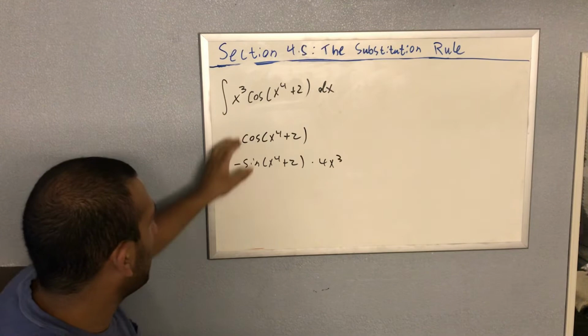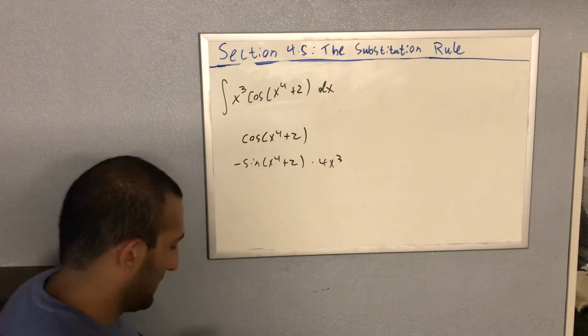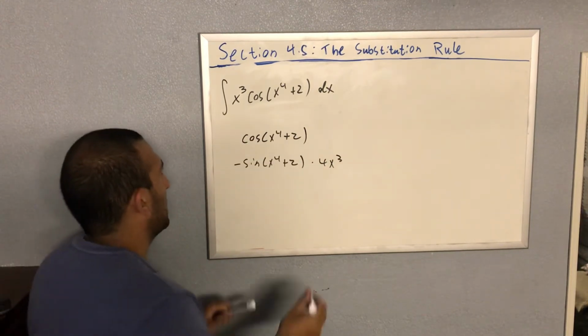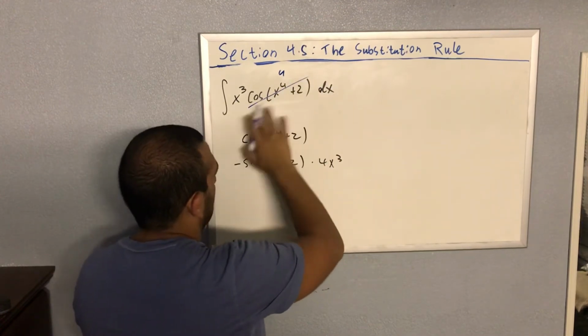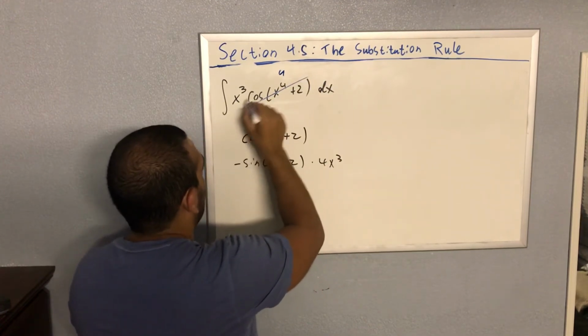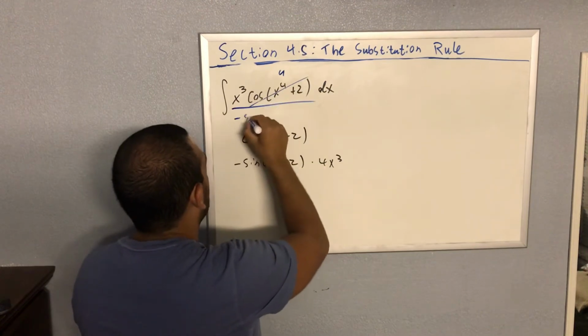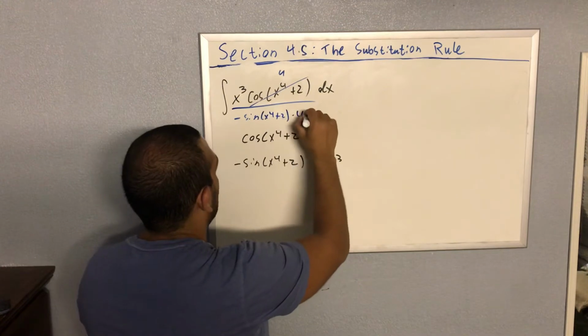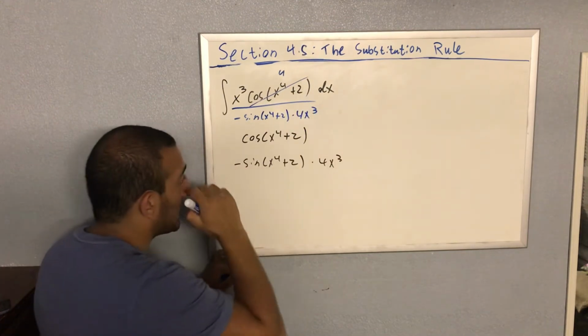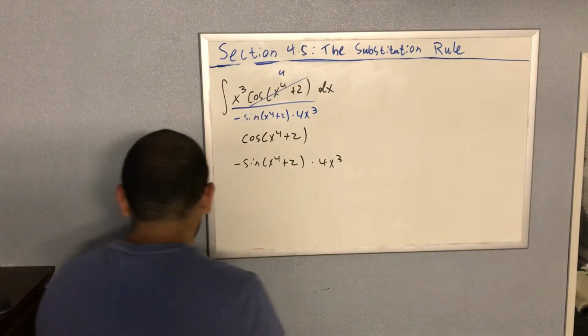So then if you divide by all of this, this will turn into u. So you have x cubed times u divided by negative sine of x to the fourth plus 2 times 4x cubed. What's good is the x cubes will cancel.